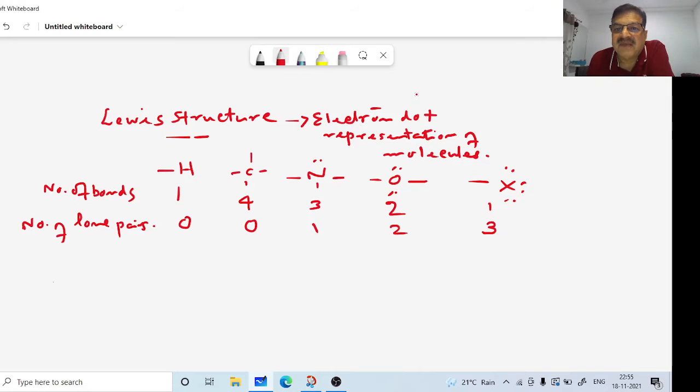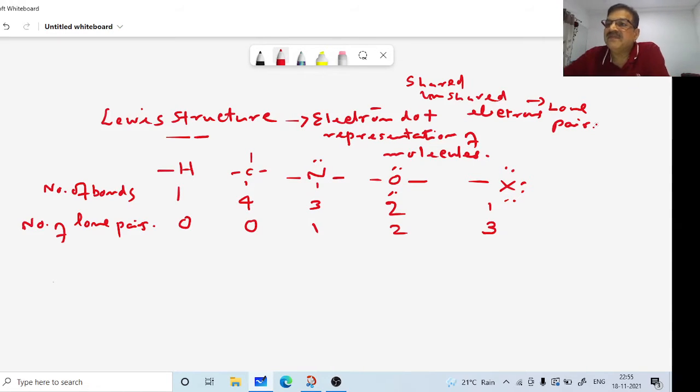Shared electrons, unshared electrons: these are the two kinds of electrons. The unshared electrons are also called lone pairs.